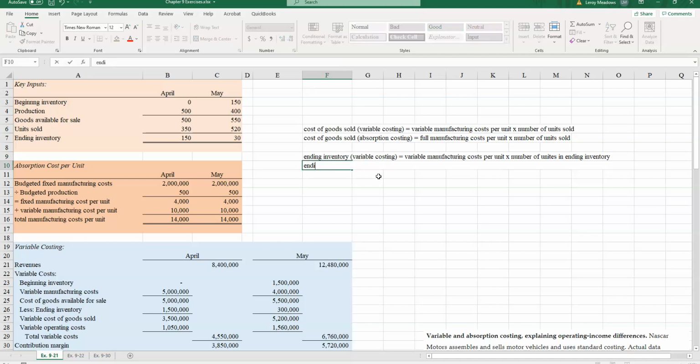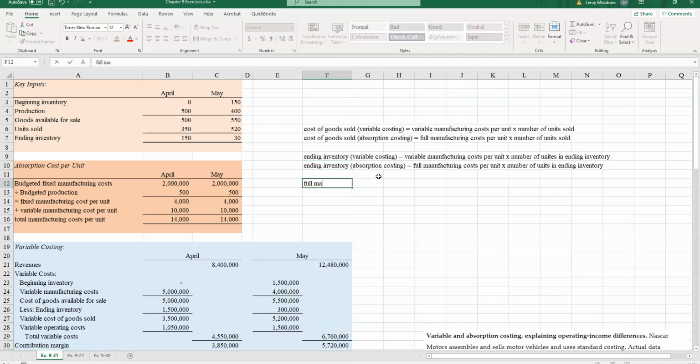And then ending inventory under absorption costing will equal full manufacturing costs per unit times the number of units in ending inventory.